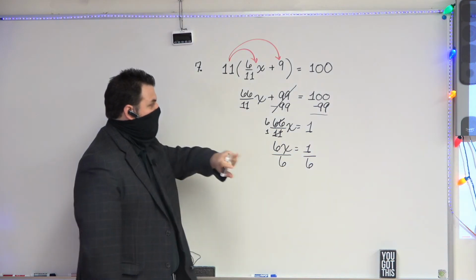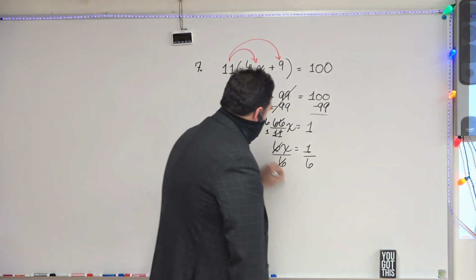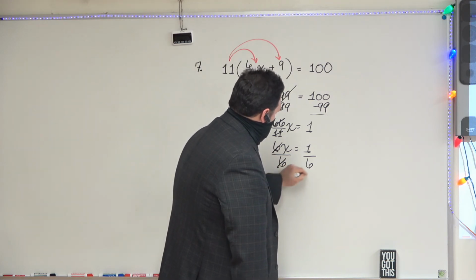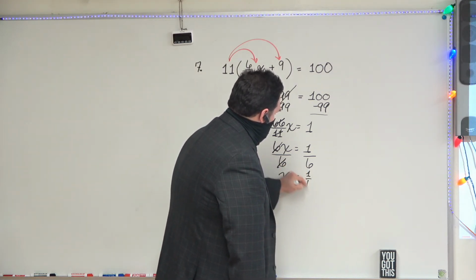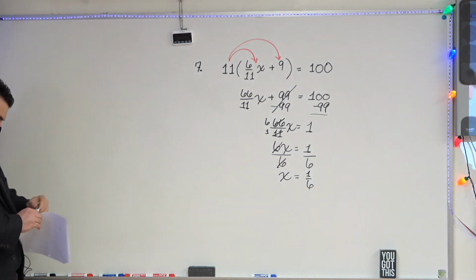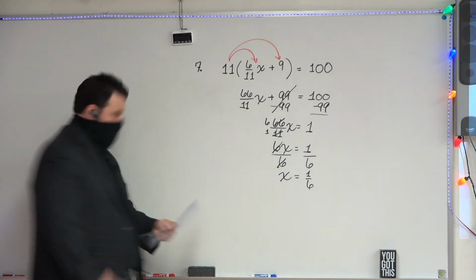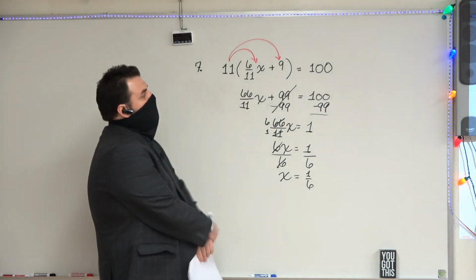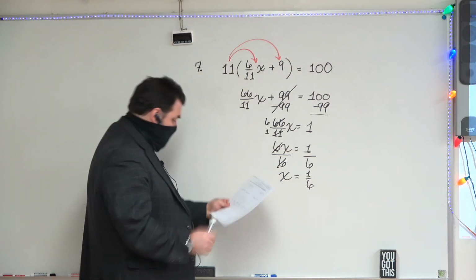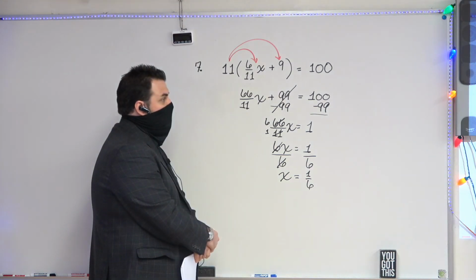You were subtracting. Okay, now these cancel out, and x equals 1/6. Muy bien. Okay? We solved it. Now we only have one more to do before we switch gears.